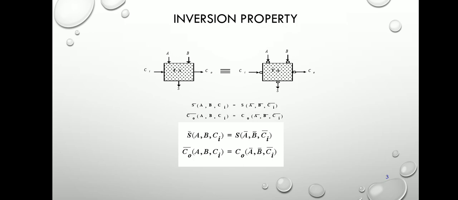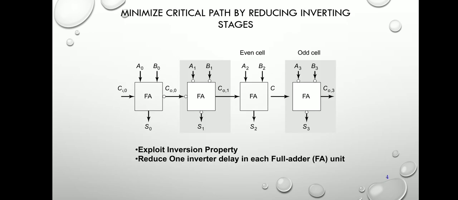The first 2 inputs are A and B, and the third input is an input carry, designated C in. The carry output is designated as C out, and the normal output is defined as sum. To reduce the inverting stages, we exploit the inversion property, and we are reducing one inverter delay in each full adder circuit.